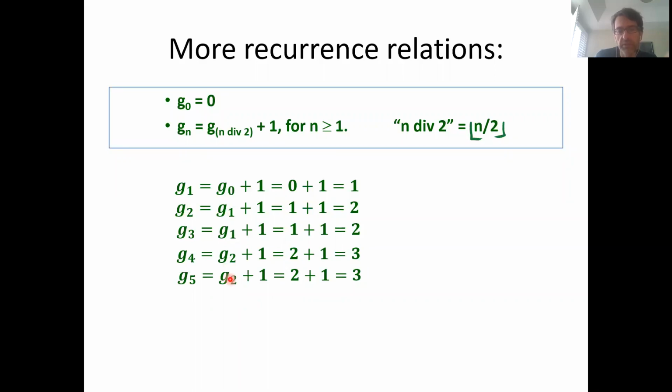So it is G2 plus 1. And now, look, G6, what's 6 div 2? That's 3. So both of them will be defined in terms of G3. But G3 was the same as G2. Therefore, this pair is the same as this pair, just because G2 was the same as G3.